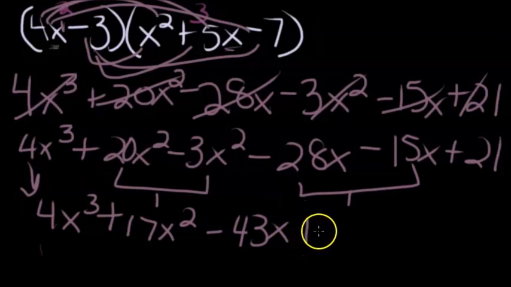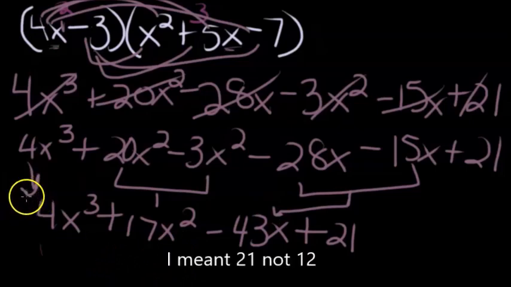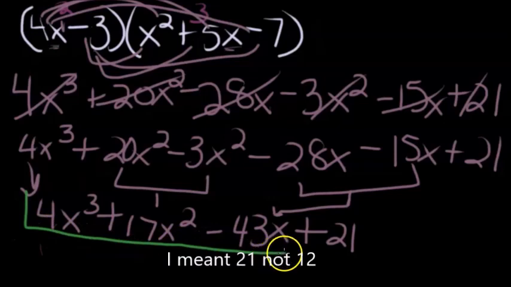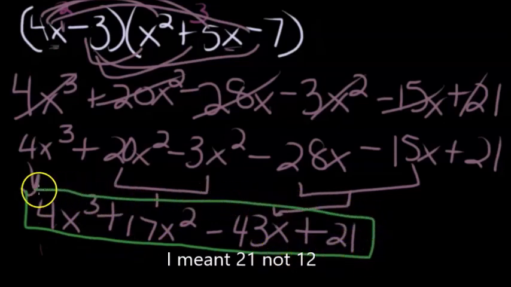Then we just have plus 21. So 4x cubed plus 17x squared minus 43x plus 21 is going to be our answer.